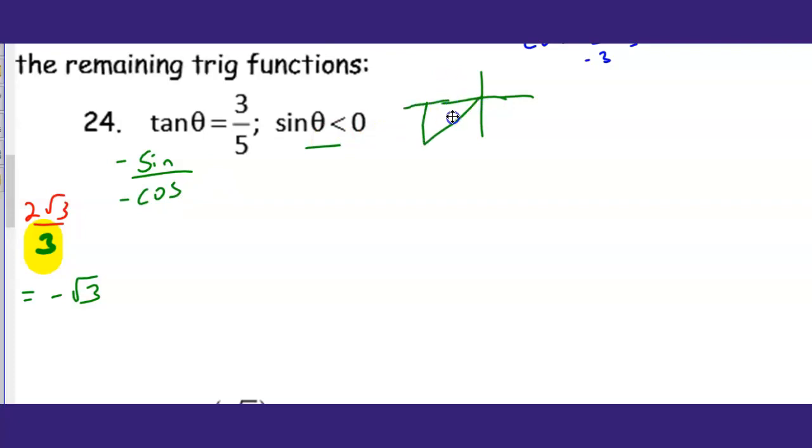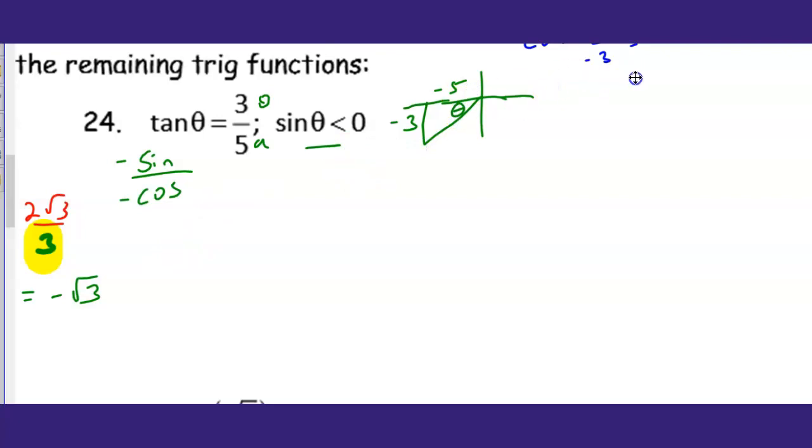Third quadrant, excuse me. So now apply your triangle rules. This is opposite over adjacent. So we have -3 and -5. And why did I make this negative? Because I need a negative x, negative y. That's the only way to make this positive. See, if a negative divides by a negative, it's positive. And then my hypotenuse.